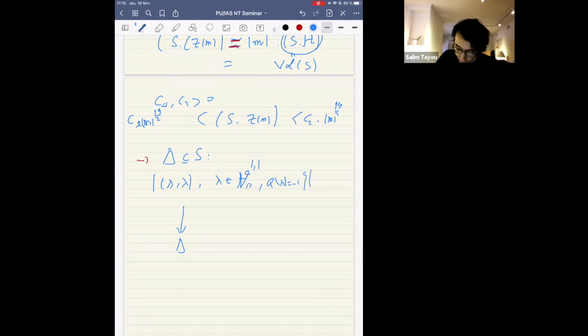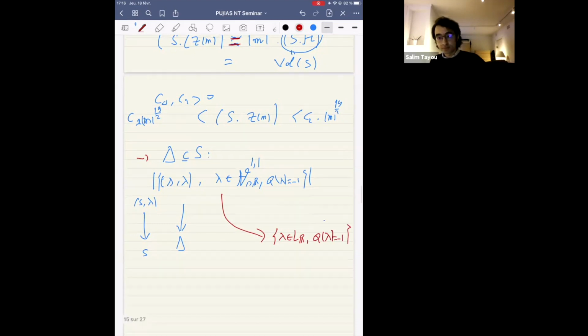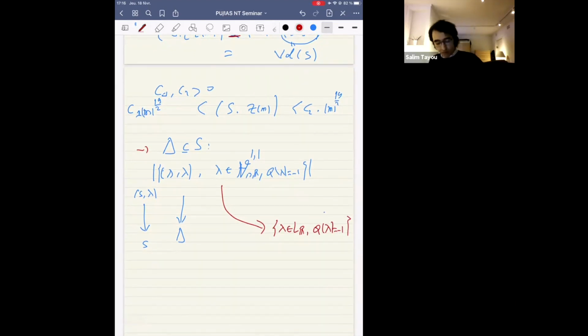So this gives some kind of fibration above delta, by sending the point S, lambda to S. And the fibers are spheres over R. By the parallel transport map, if I choose delta simply connected, I can project this set to just the quadric in L_R such that Q of lambda is equal to -1.